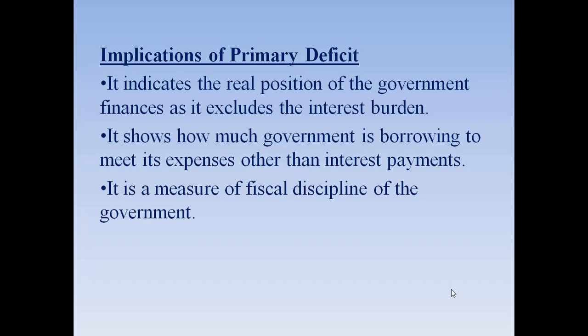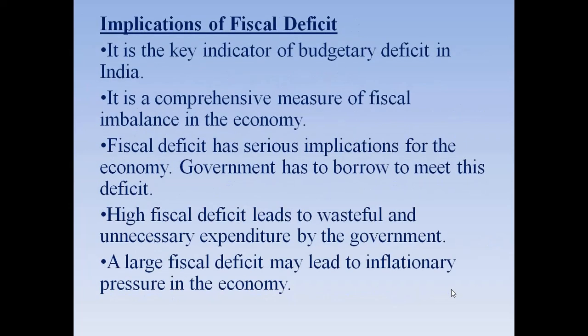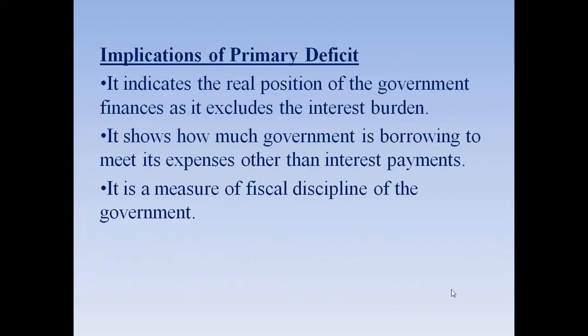You just have to know the meaning. For a general level of understanding, just understand the meaning of revenue deficit, fiscal deficit and primary deficit. As a student of economics and commerce, you must know this part at least. The implications are not so important. However, please go through them once so that you can have a general idea about the government budget.